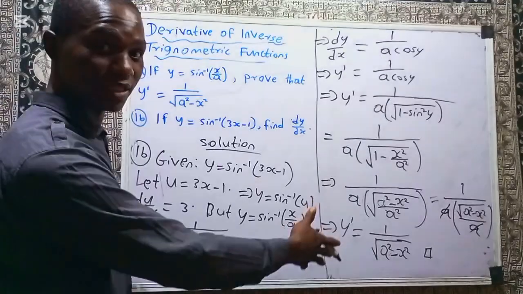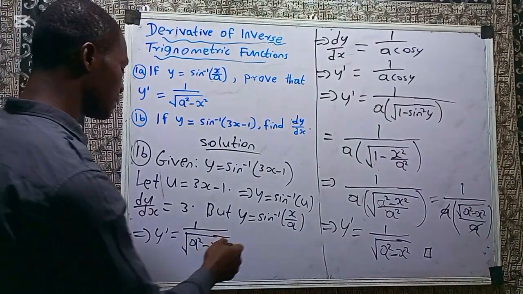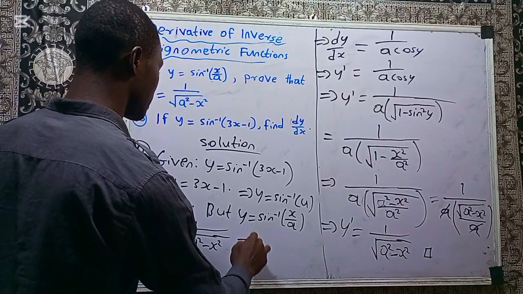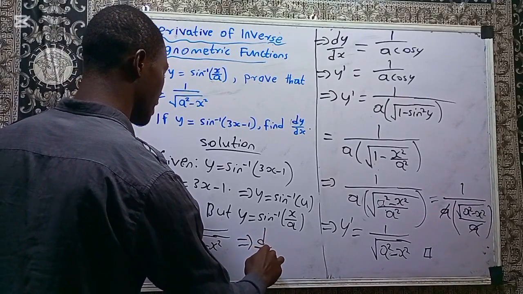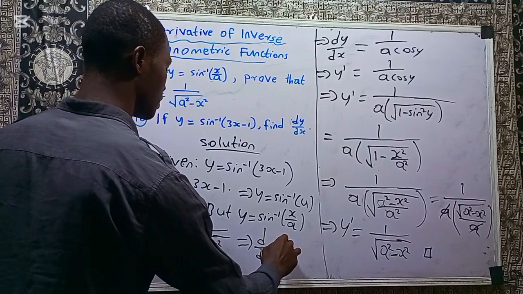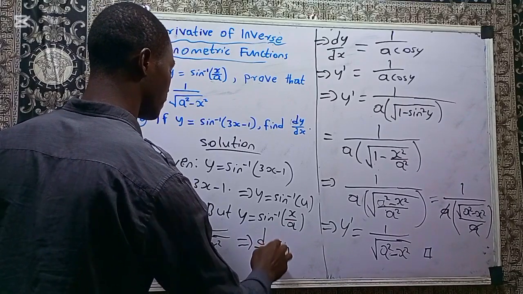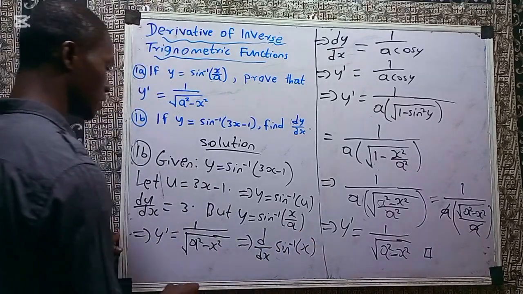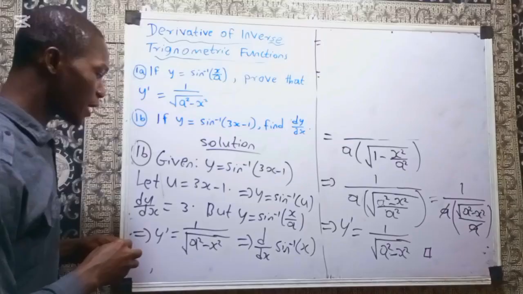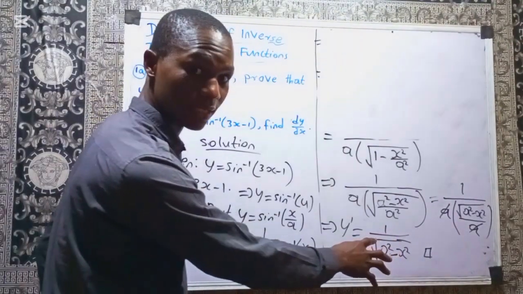This is what we got there, right? This also implies that d dx of sine inverse of x over a is that. Now look at what we are doing here. I use this result we got earlier, right?